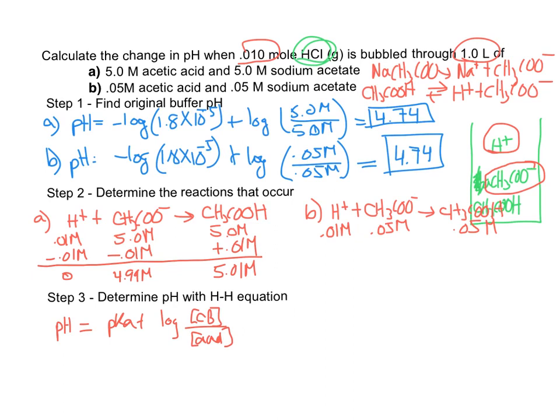For A, pH is equal to negative log of the Ka, which is 1.8 times 10 to the negative fifth, plus log of my conjugate base, in this case my acetate, 4.99, over my acid, acetic acid, 5.01. Calculate that, and I end up with 4.74.